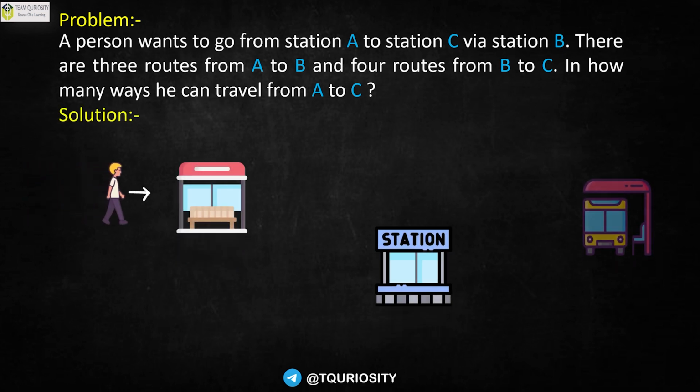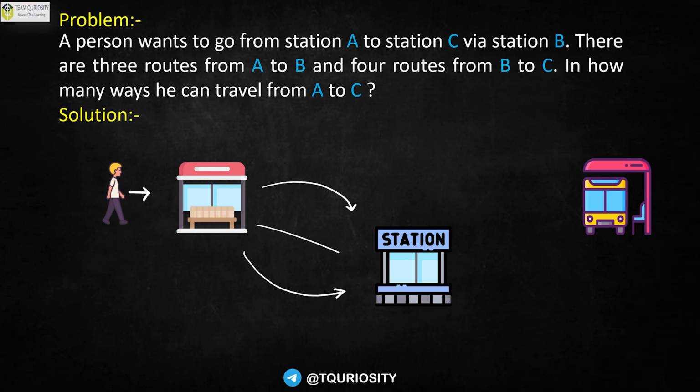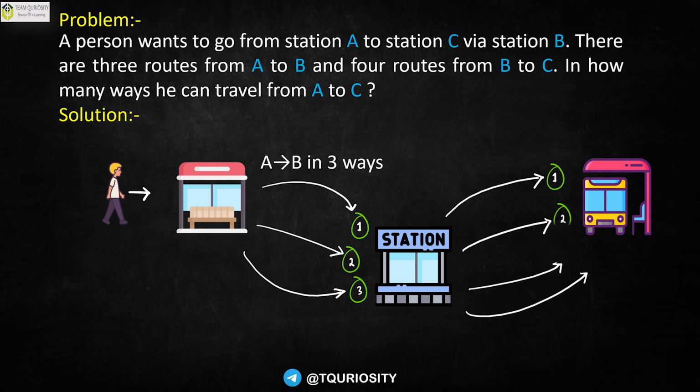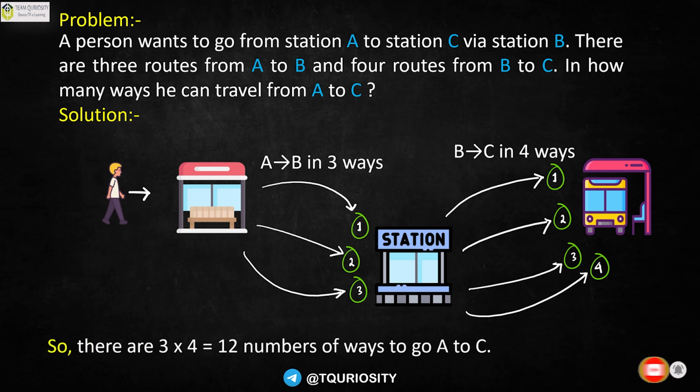The person can travel from station A to station B in 3 ways. Likewise, he can travel from station B to station C in 4 ways. So, the total number of ways to travel from station A to station C is 3 cross 4, that is equal to 12 ways.